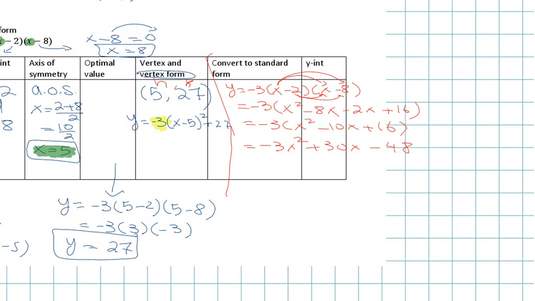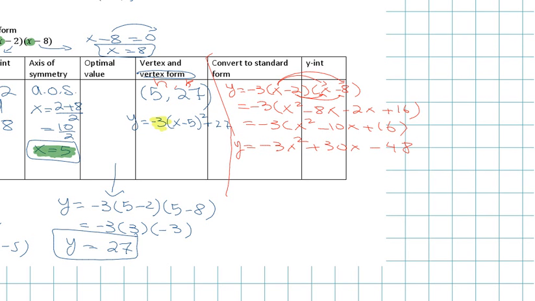What can I find from the standard form? The y-intercept. And that's why it's asking me for the y-intercept, right? What would be my y-intercept? Negative 48.